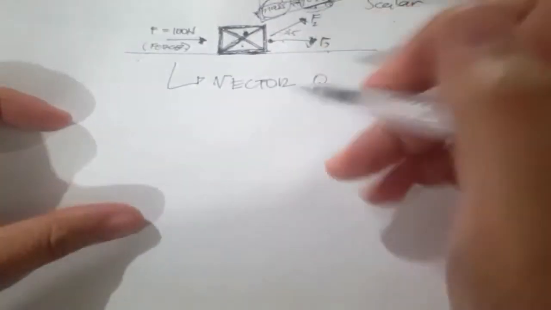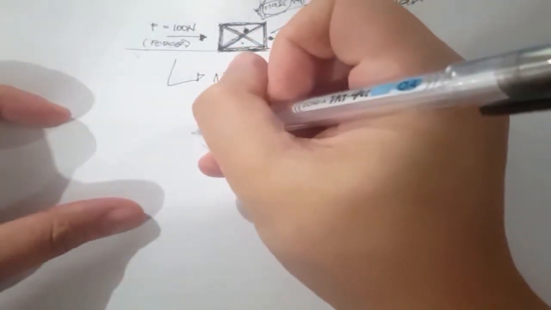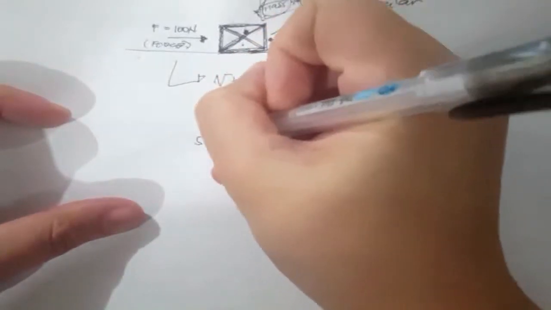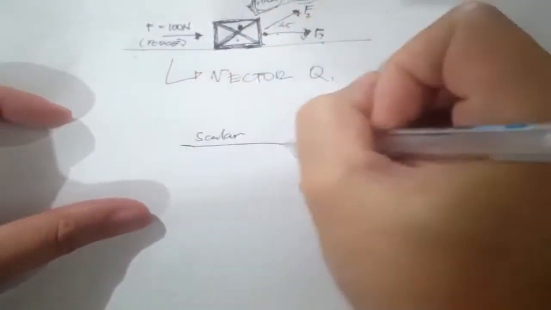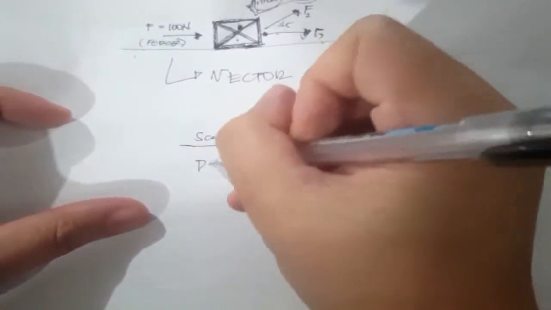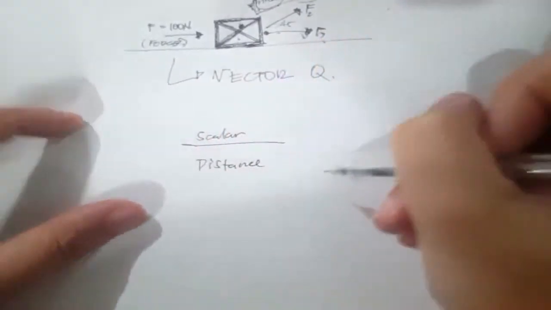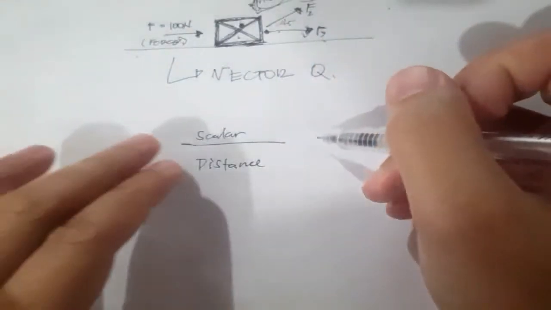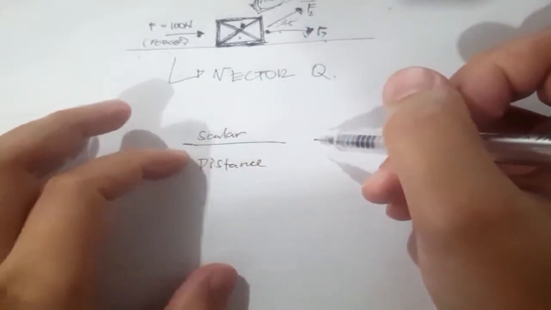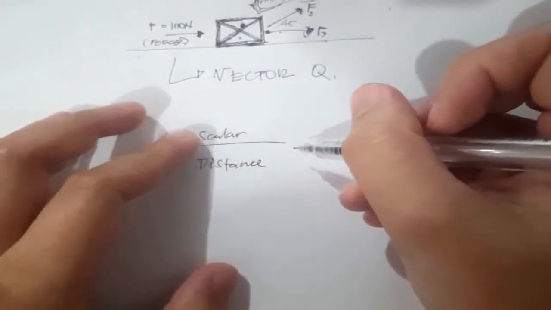Some other quantities, for example, we have scalar quantities. An example is distance. Distance is an example of a scalar quantity.